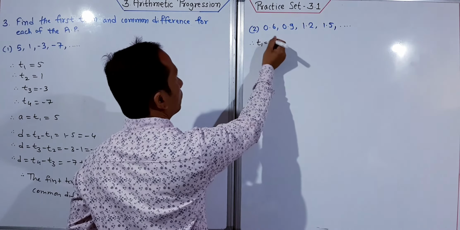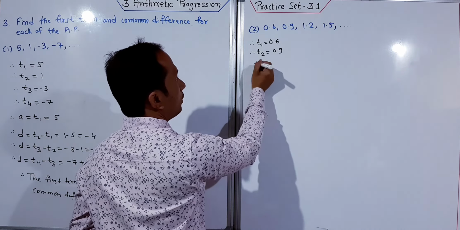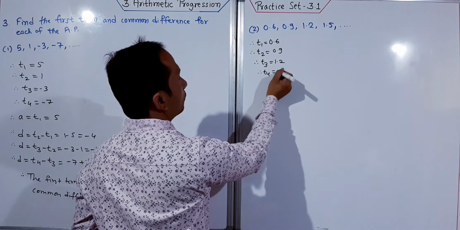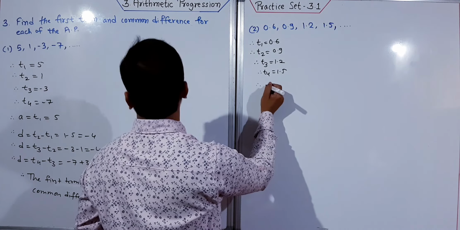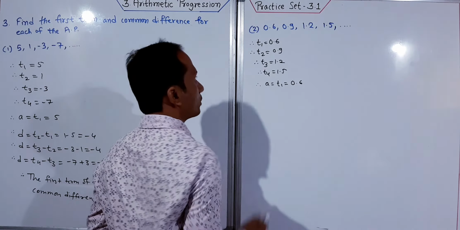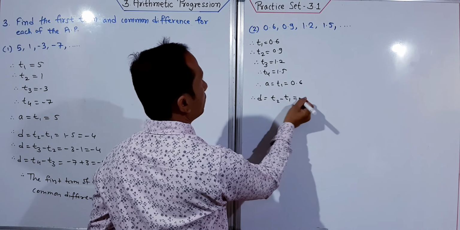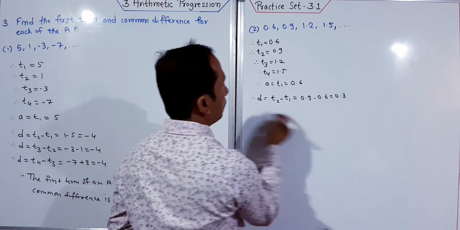T1 is equal to 0.6, T2 is equal to 0.9, T3 is equal to 1.2, and T4 is equal to 1.5. Therefore, I can write first term A is equal to T1 is equal to 0.6. Therefore you have to write difference D, T2 minus T1, it is 0.9 minus 0.6, you will get 0.3.